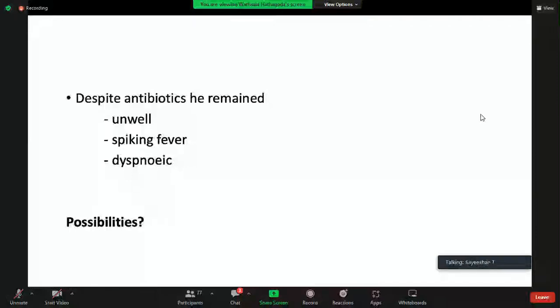Dose of the antibiotic might be a problem, or choice of the antibiotic, whether there is any resistance to the chosen antibiotic. It could be any abscess or some sort of hidden source of bacteria which keeps the child unwell.